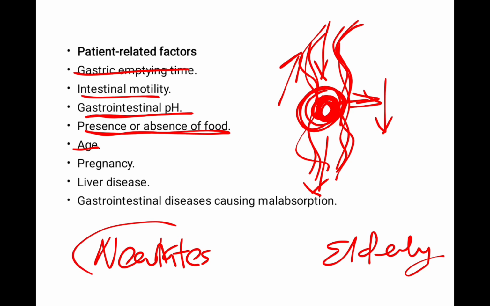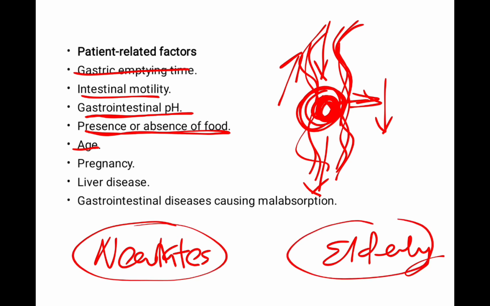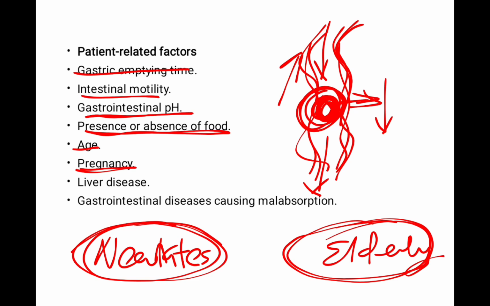So the rate of absorption of drugs is different for different extremes of ages. How old the person is determines the rate of absorption. Pregnancy is another factor that determines bioavailability.